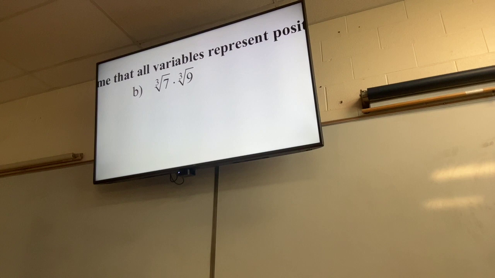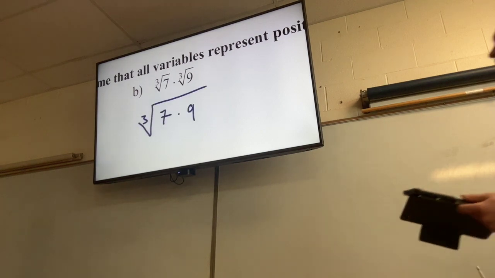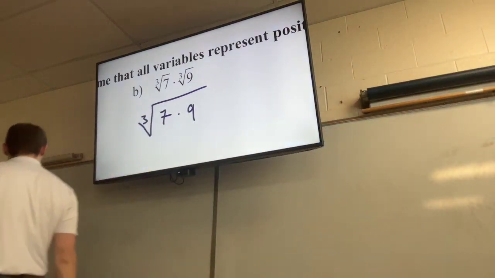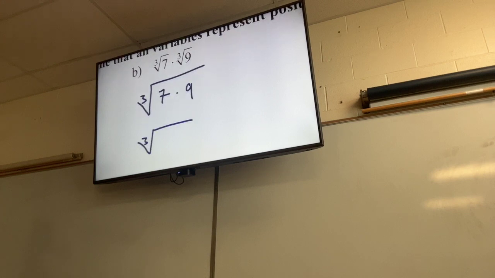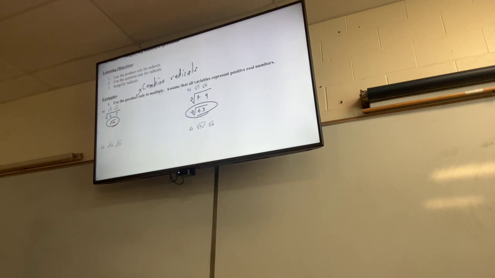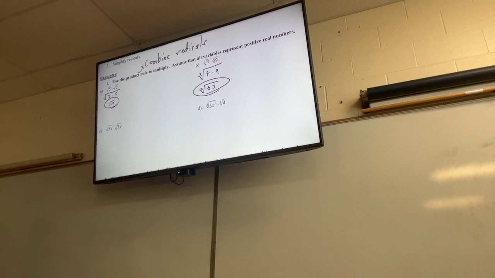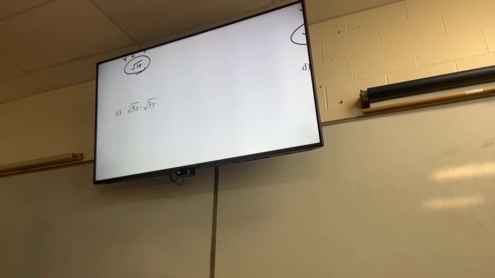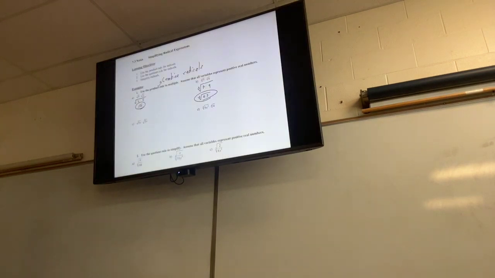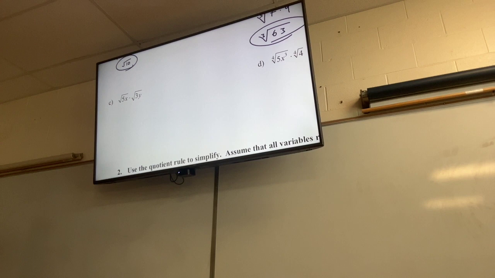We can just combine that into one big happy cube root. 7 times 9 is 63. C. We're just multiplying for now. I don't think that can be simplified anyway. This one, we can just combine everything into one big happy square root symbol.